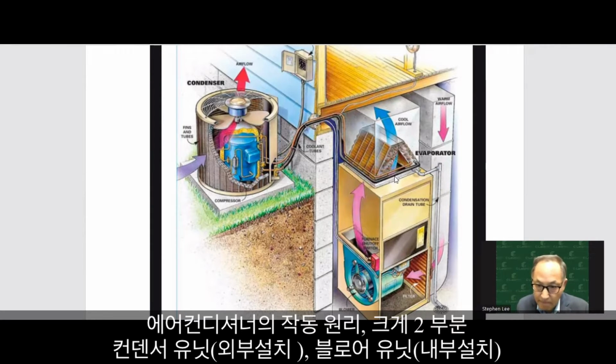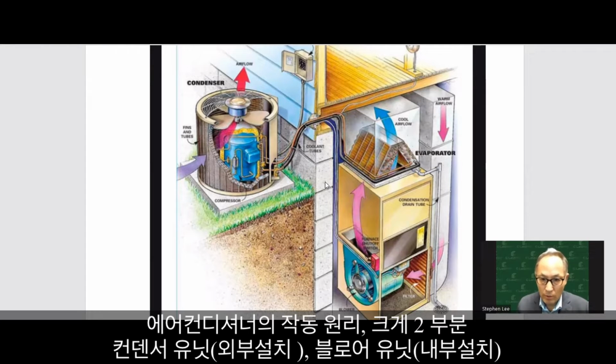It cools down, the air cools down here, and the air blows out to the entire house. So warm air comes in, inside the home, goes to the blower and through the evaporator, then the air cools down and goes out throughout the house.